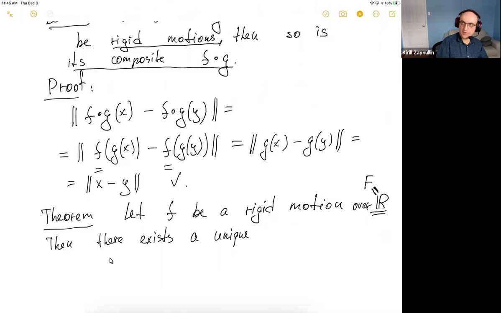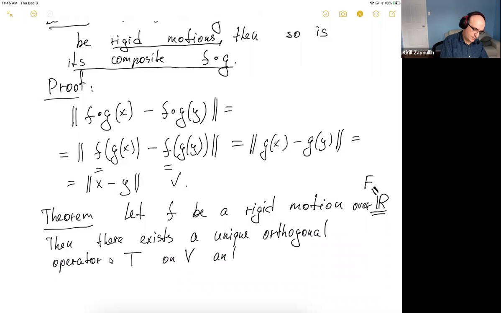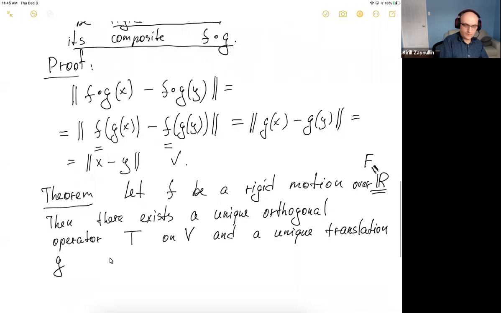When we deal with the vector space, we choose R. Then there exists a unique orthogonal operator T on V, and a unique translation G on V, such that our rigid motion is a composite of that orthogonal operator followed by a translation. So it's G composed with T.